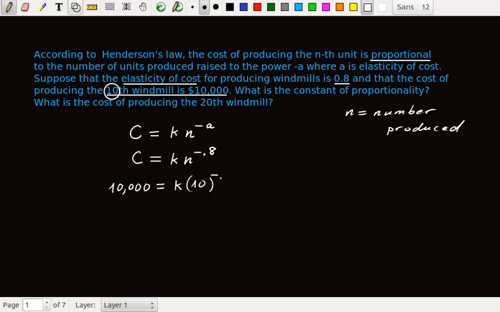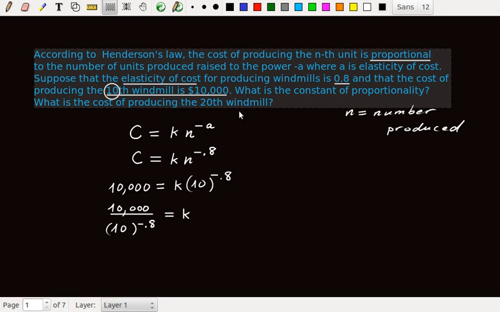So this will be minus 0.8. So K, we can solve for K by dividing both sides by 10 to the minus 0.8. Okay, so that's our K. So far, so good. And now that answers the first question.